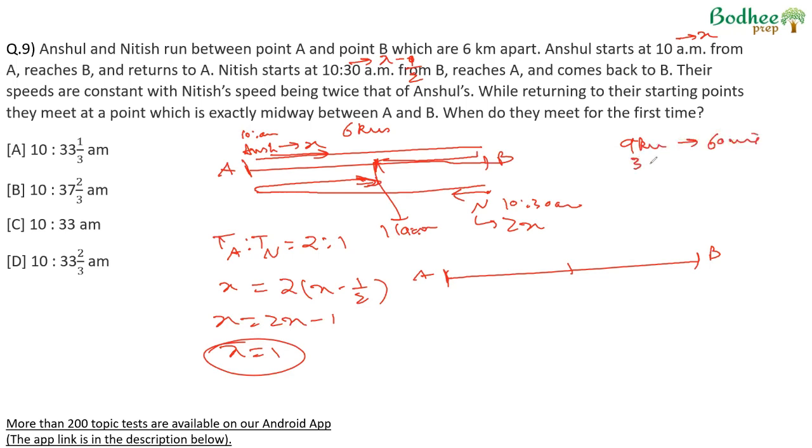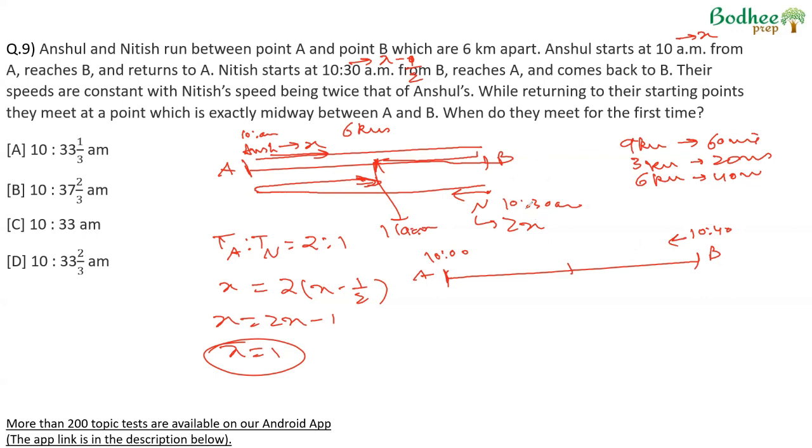So he will cover 3 kilometers in one third of this, that is 20 minutes, and therefore he will cover 6 kilometers in twice of 20, which is 40 minutes. That means Anshul starts at 10, is here at 10:40. This is the time when he will start going back.